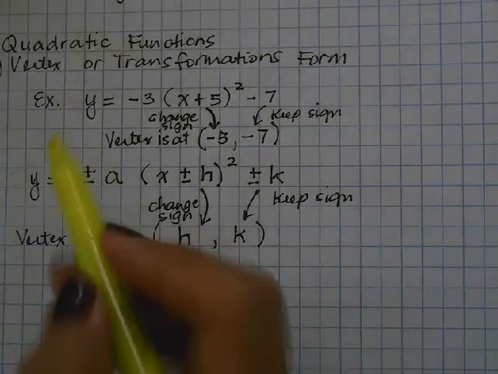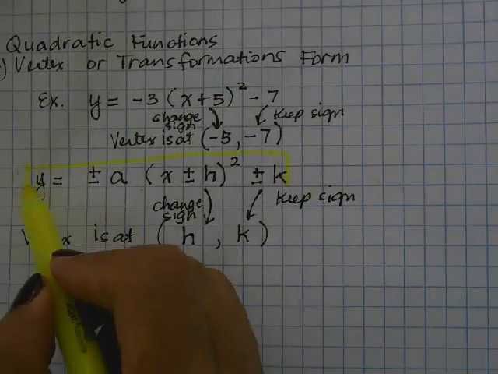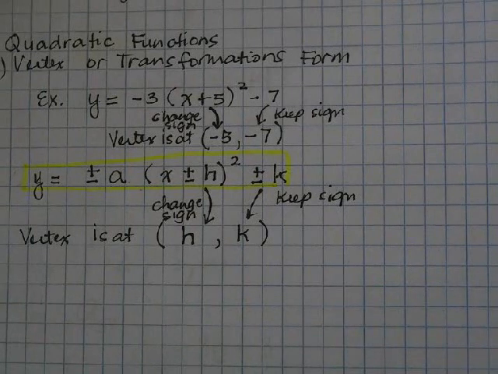Let's continue. So this is our vertex form of the quadratic function of the parabola. Now let's go to the other one.